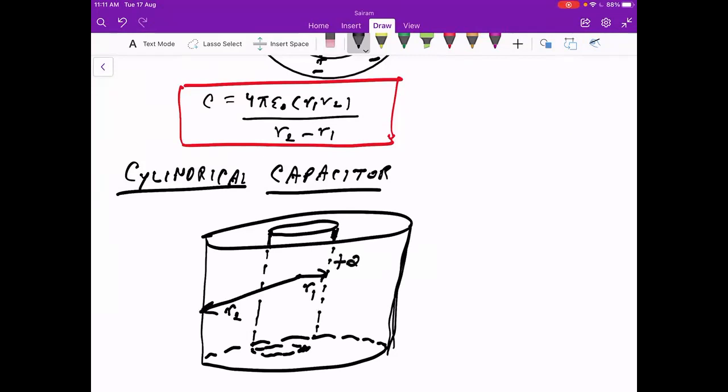Charge being plus Q and minus Q. Capacitance being 2 pi epsilon naught L ln R2 by R1, where L is the length of the capacitor.